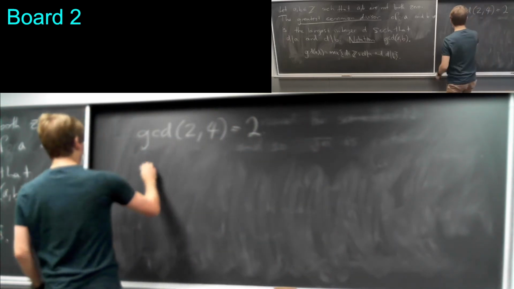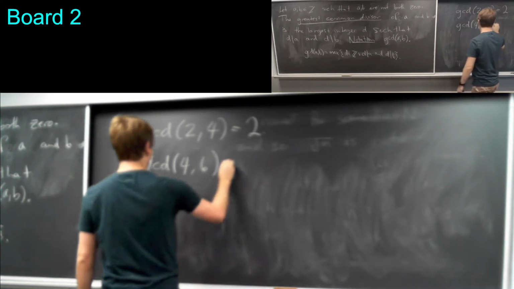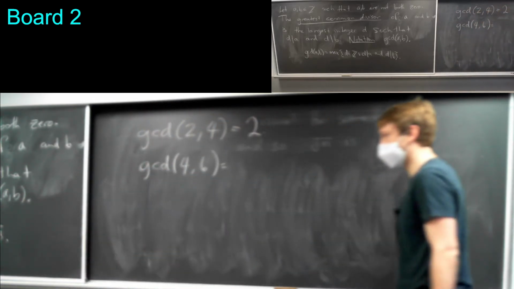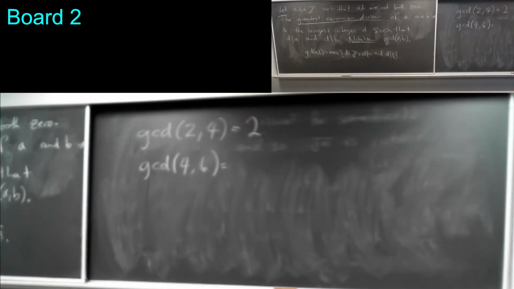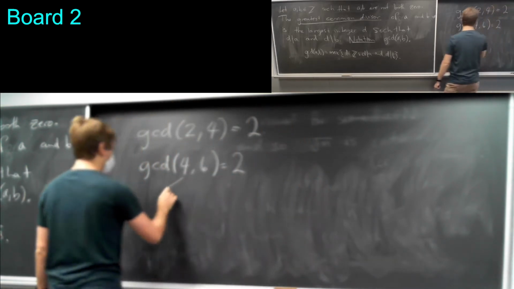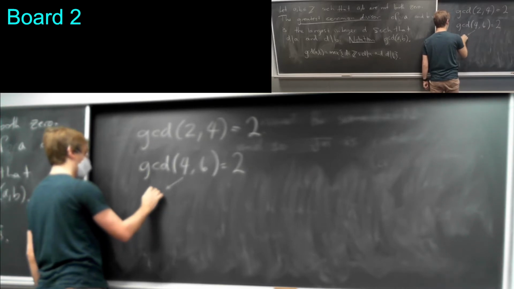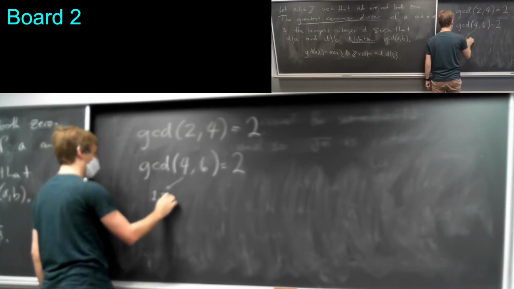How about the GCD of 4 and 6? If you think about it, what are the divisors of 4? The things that go into 4 are 1, 2, and 4.